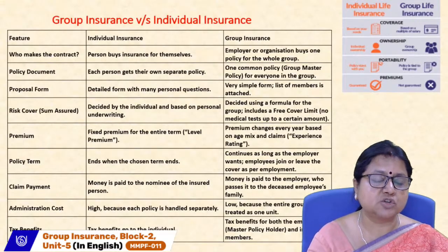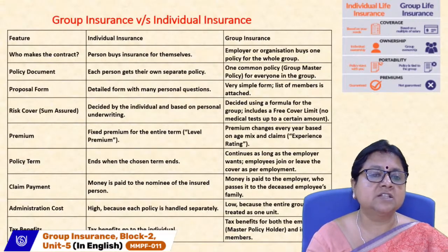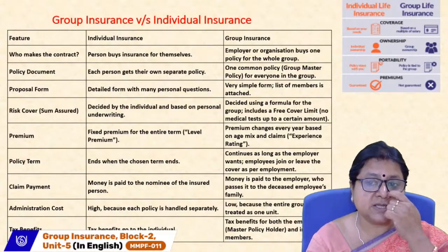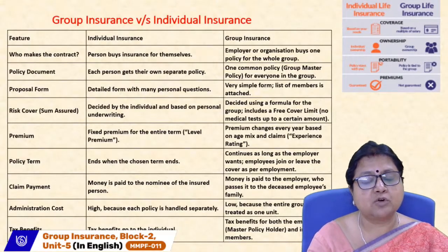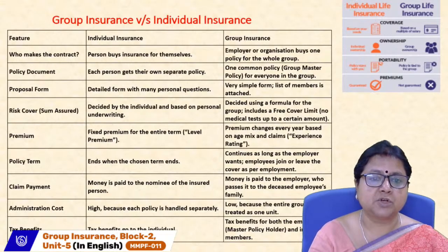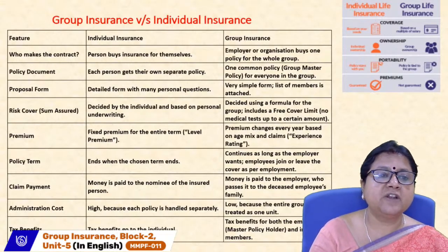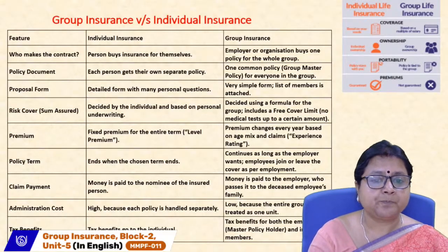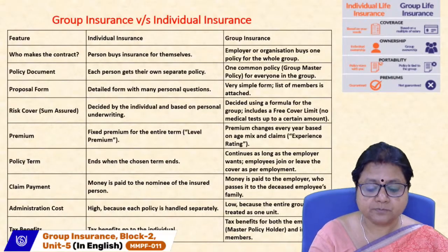In case of accidents, you might be liable to get this much amount. Suppose you are partly disabled, or permanently disabled, you will have a certain amount of money which you get. Or in case of death, the dependents are liable to get the particular amount. But in case of individual insurance, it is the sum assured, and it again depends on the type of policy.